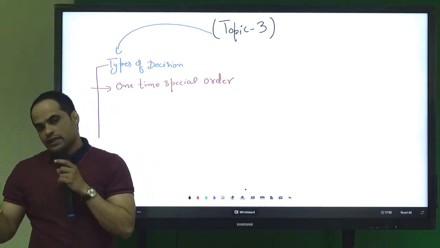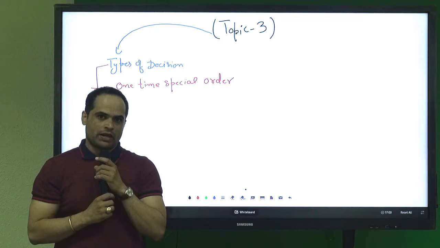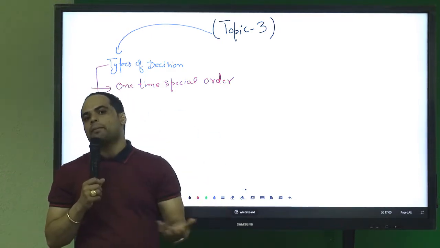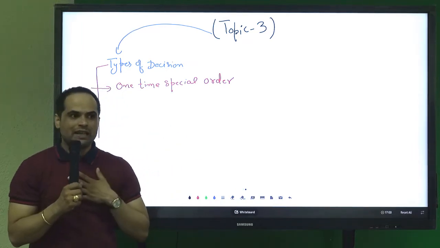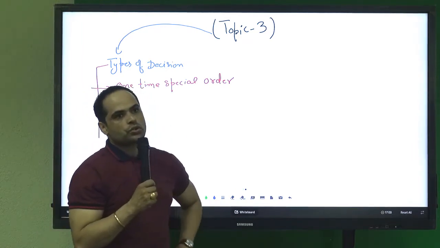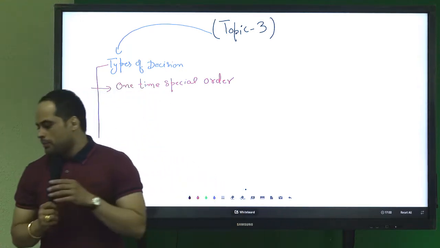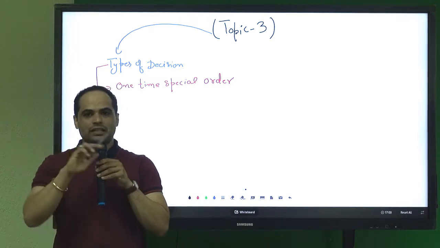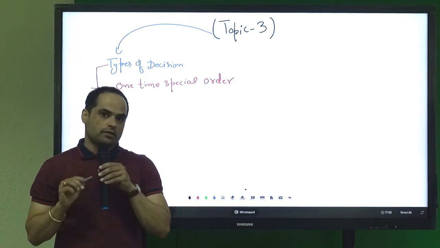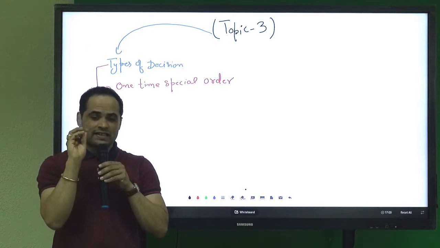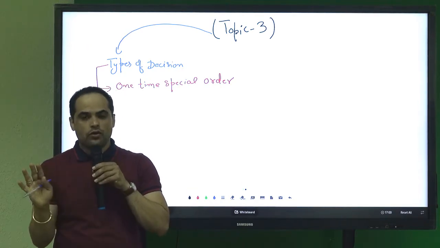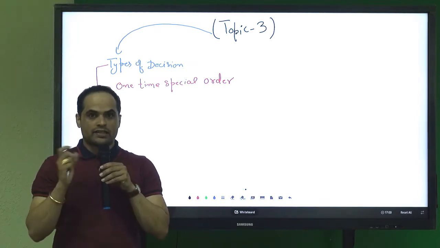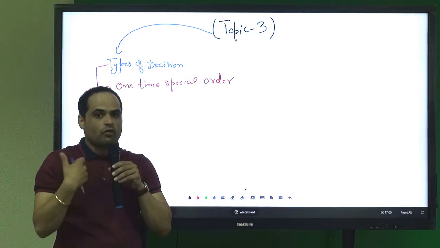Once, a customer comes to my company and puts in his own special requirements, which means that the customer wants a pen and pencil, 2-in-1, in this single product. That 2-in-1 system is not my regular product. So this is a special product that the customer wants from my side.